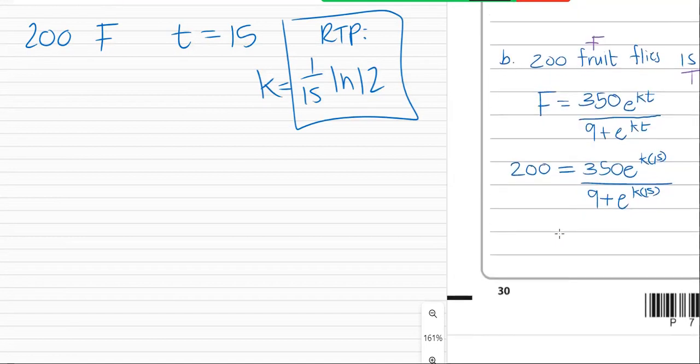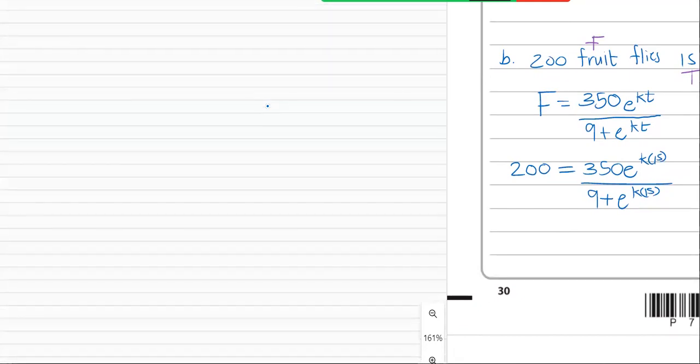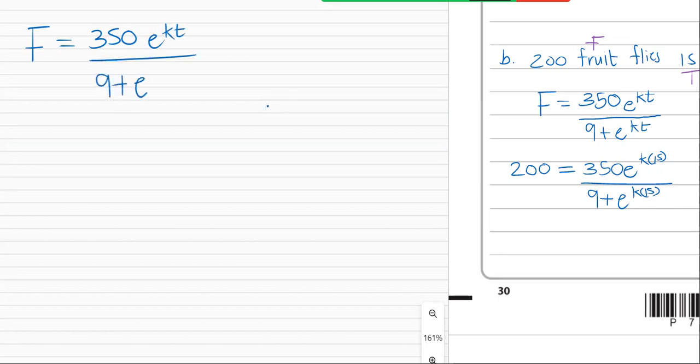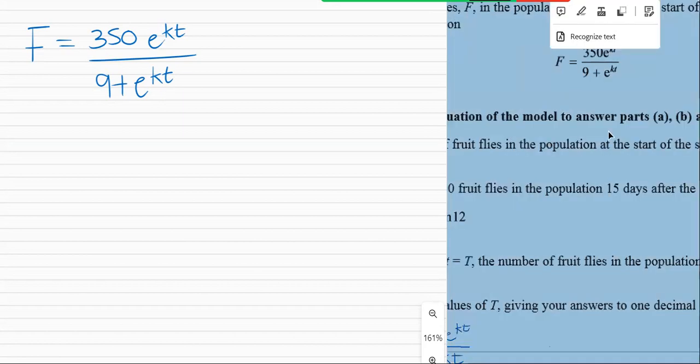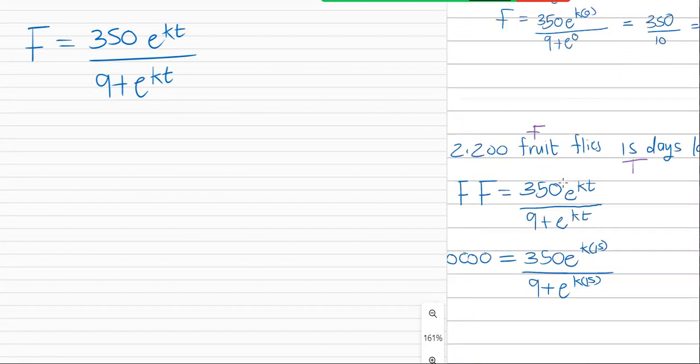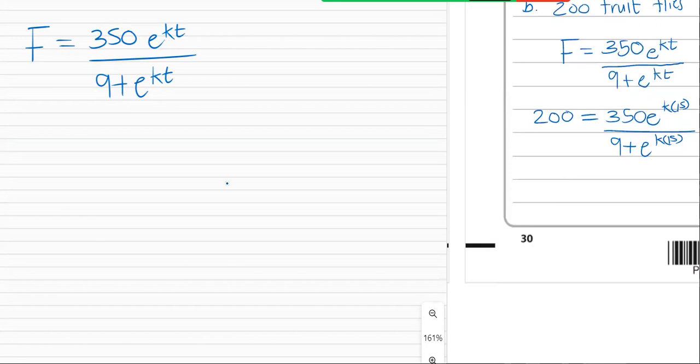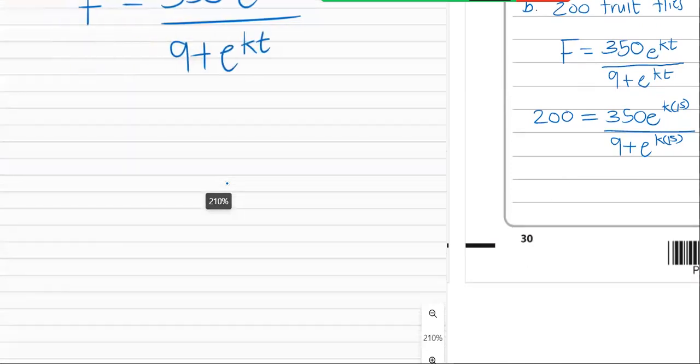Okay, so start off with your original equation. Original equation is that F equals 350 e^(kt) over 9 plus e^(kt). I always make funny mistakes, so I check it's the same as this. Good. Okay, that's what we're working with. And make sure you sub in your information into the correct places.